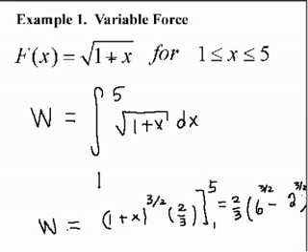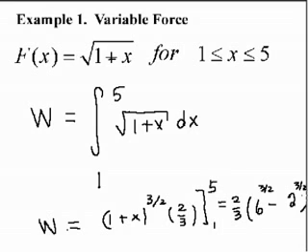Suppose that we have a variable force, f of x, which equals the square root of x plus 1 for x between 1 and 5. If we want to find the work done on that interval, we just integrate f of x dx over those limits, 1 to 5. F of x is the square root of 1 plus x. If we integrate that, we get (1 plus x) to the 3/2 times 2/3 from 1 to 5.